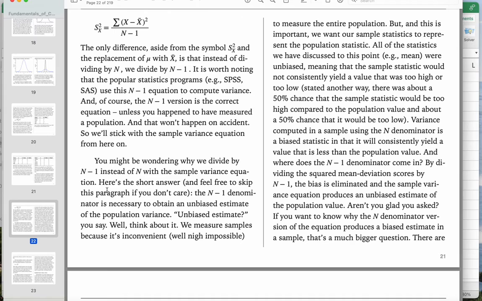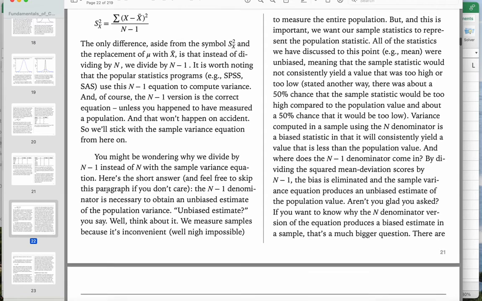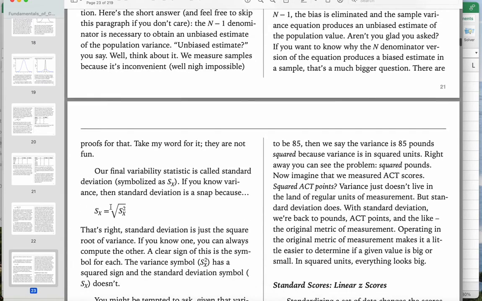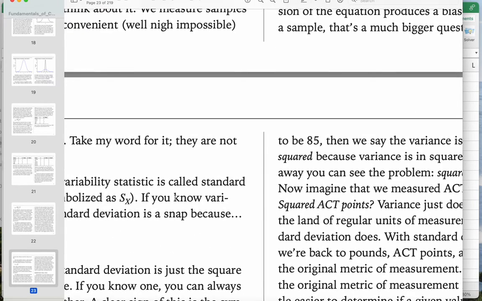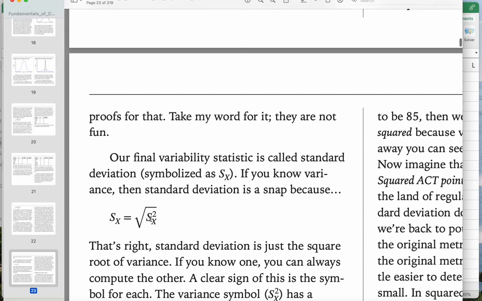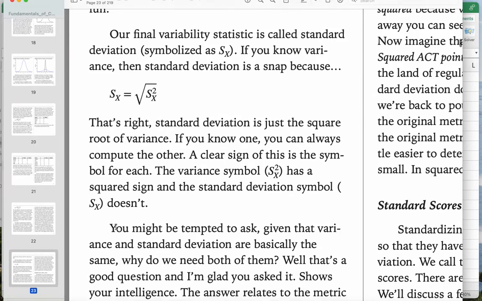Whether you're dealing with population variance or sample variance, standard deviation is the square root of it. So for a sample, you have sample variance right here. It's S squared. That's sample variance. The squared sign tells you variance. You take the square root, and it's just S. That's sample standard deviation. If it was the population value, you'd have sigma squared. You take the square root, you'd have sigma. So you've got to love it when the symbols actually mean something.